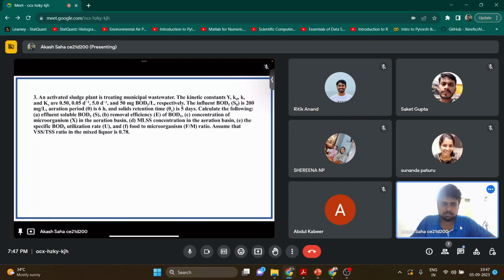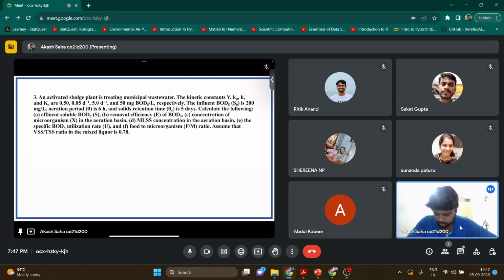So again, this question looks very big, but each of the parts is a one line answer. So we have 6 parts here. So again, an activated sludge question where all the kinetic constants are given, Y, Kd, K and Ks. So here if we see, the K value which is being given is per day.